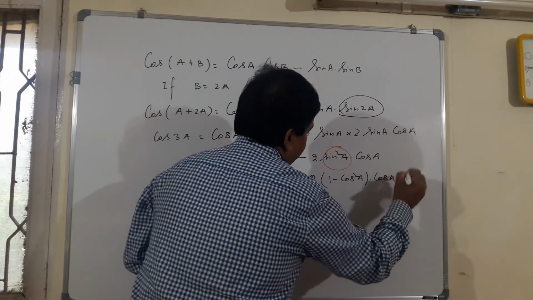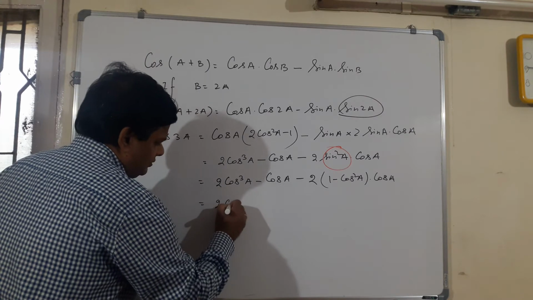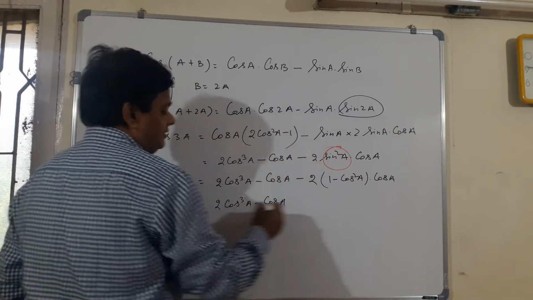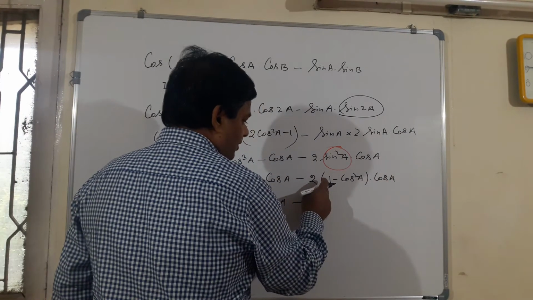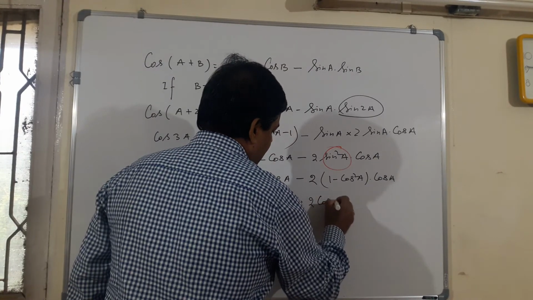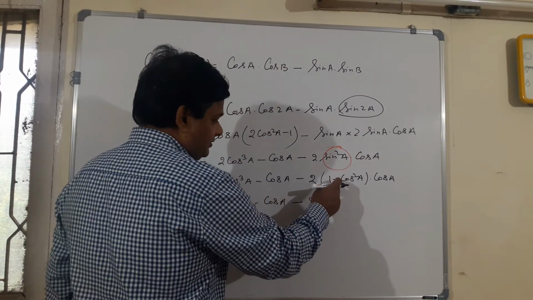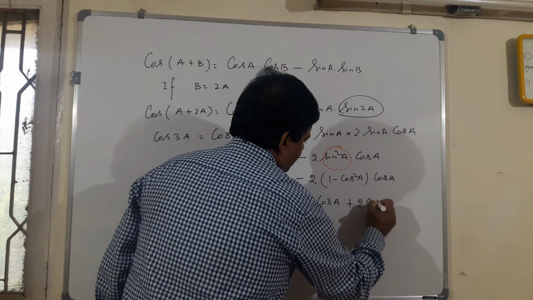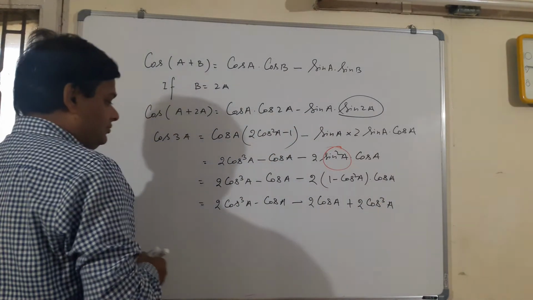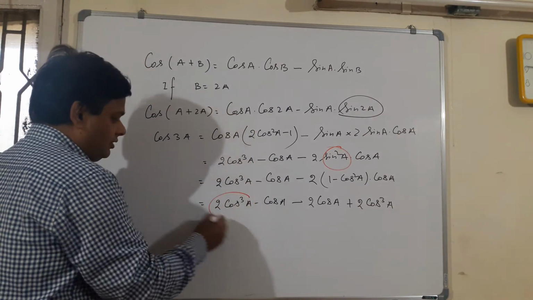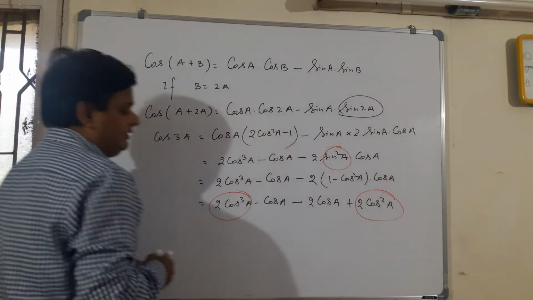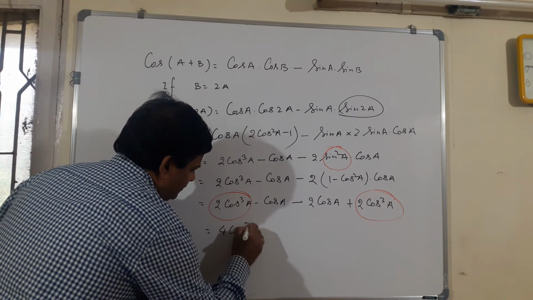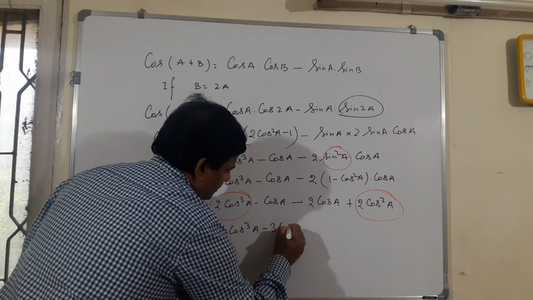So this equals 2 cos cube a minus cos a minus 2 cos a multiplied by 1, so minus 2 cos a, and minus times minus is plus 2 cos square a multiplied by cos a, which becomes plus 2 cos cube a. So 2 cos cube a and 2 cos cube a equal 4 cos cube a, so 4 cos cube a minus 3 cos a.